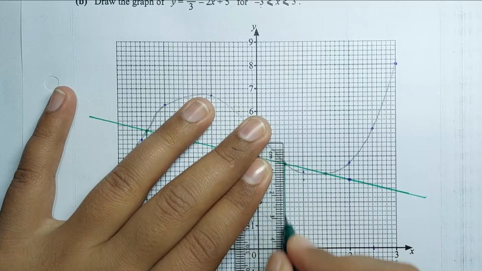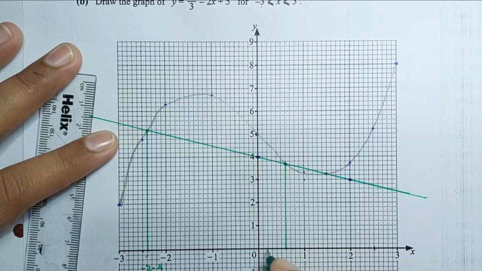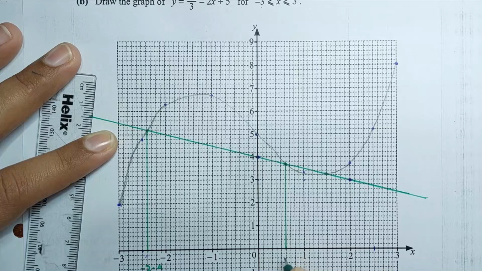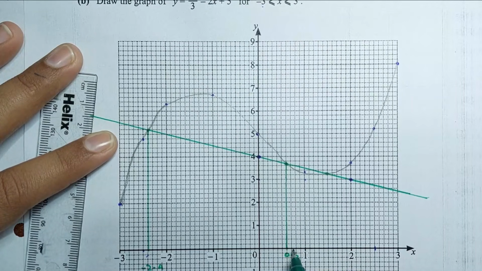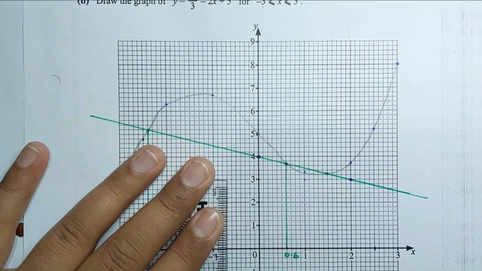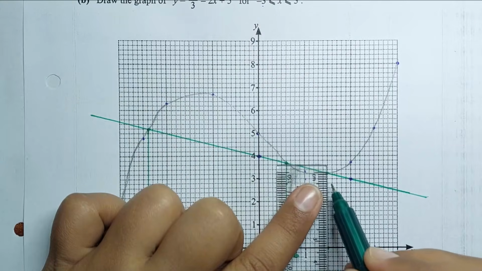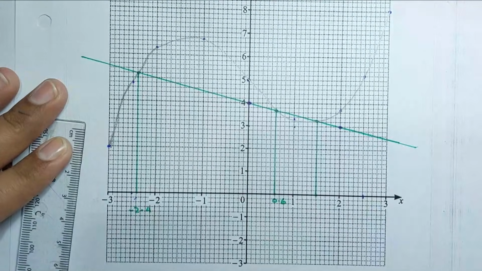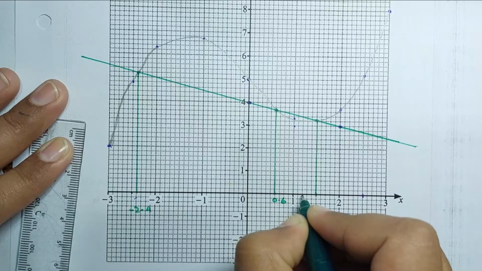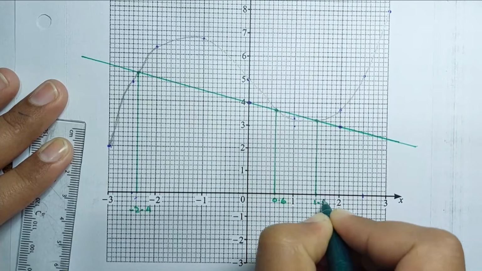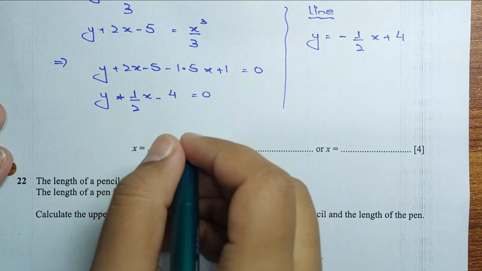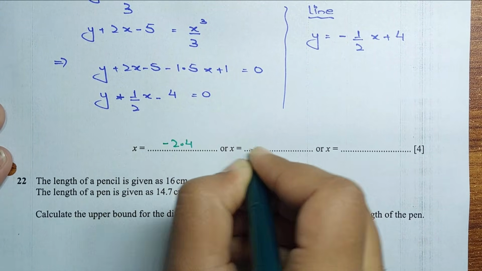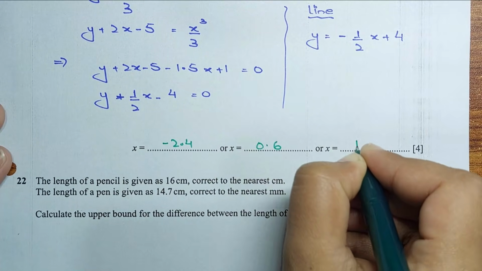This one is 0.6 or 0.7. Okay, and the next one is this, and that is 1.5. These are the three solutions. The three roots: negative 2.4, 0.6, and 1.5.